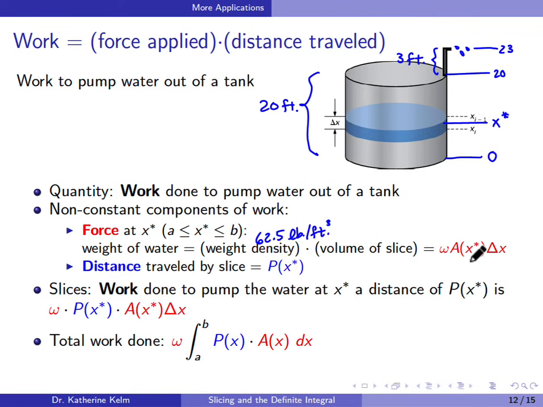So we'll be multiplying that weight density by the volume of the slice. The volume of the slice will be the cross-sectional area of the slice times delta x.